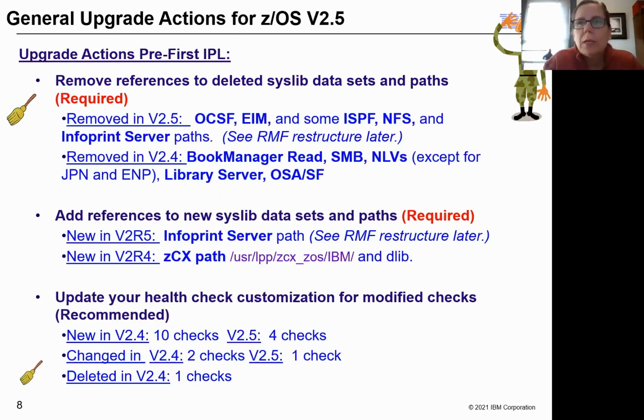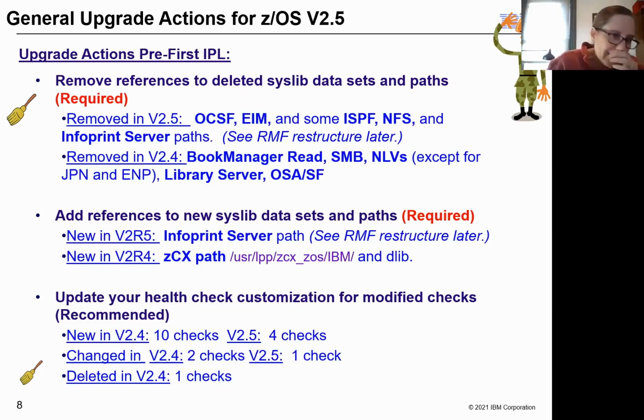As I'd mentioned before, in planning part 1, we removed some elements, and those elements have data sets and some paths. So there are some removed data sets that you'll need to clean up from that. And we also removed some elements in 2.4, so likewise, we'll have some removal as well. What I did want to mention, and I'll talk more about it in just a couple minutes, is the RMF restructure.